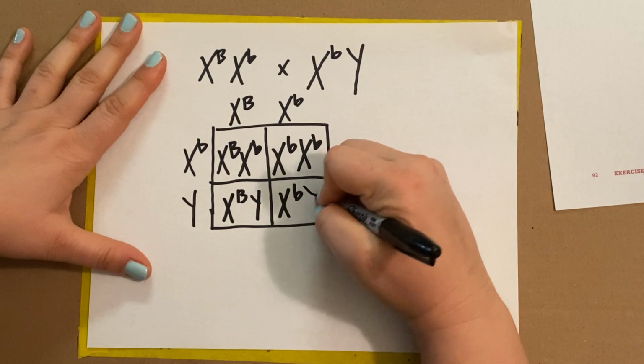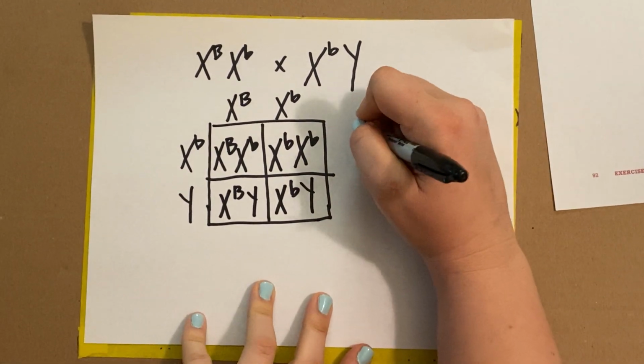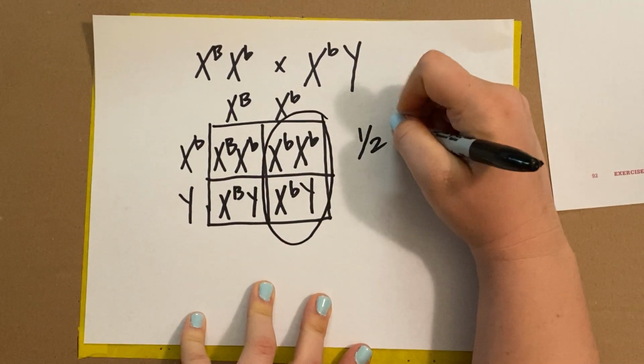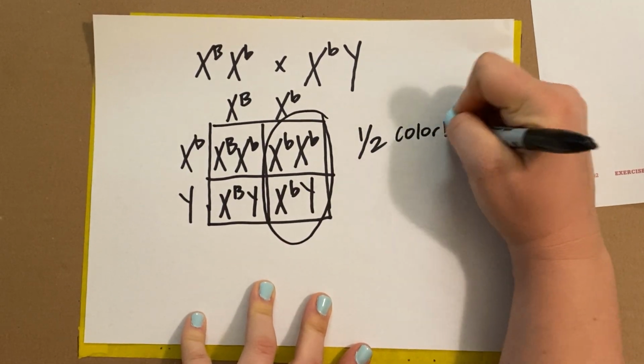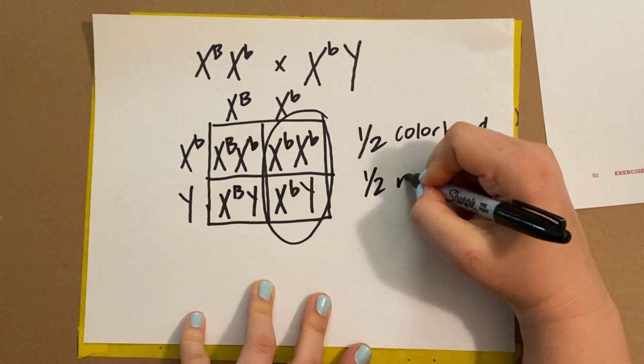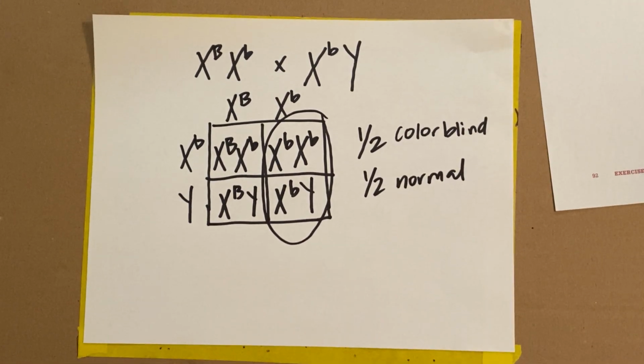So in this case, neglecting to look at actual sex, you could just say that half of the children, so these ones right here, are going to be colorblind. So half are colorblind and half are normal vision. Okay, so that would be how you would do these questions.